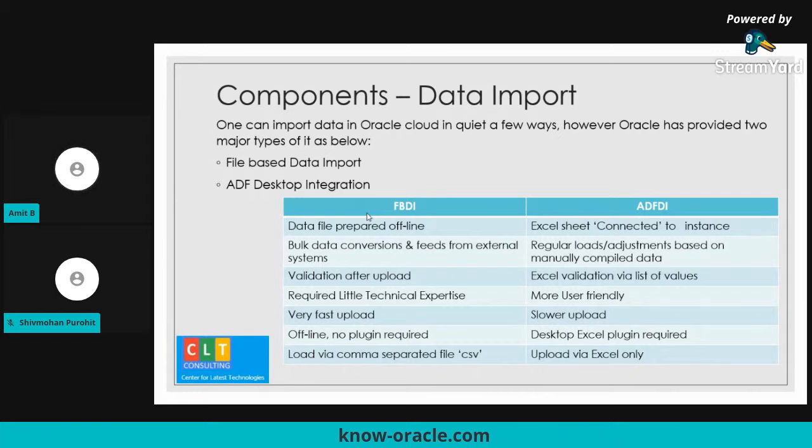Then we have other features as well. FBDI is a very fast upload. The data preparation takes a little more time. However, if your data is correct, you have collated the data from different sources, and you are putting that data in that file, once that file is prepared, it takes very little time to upload.